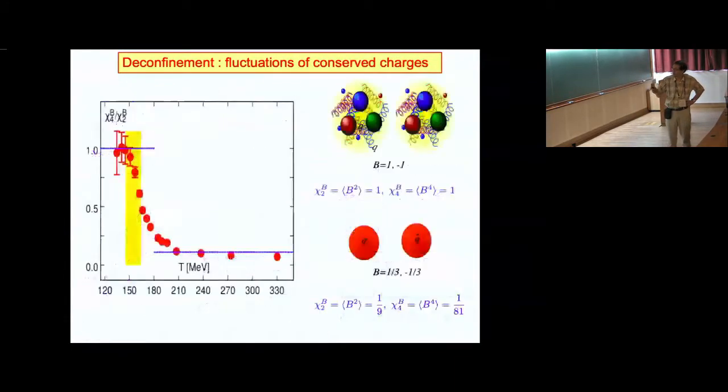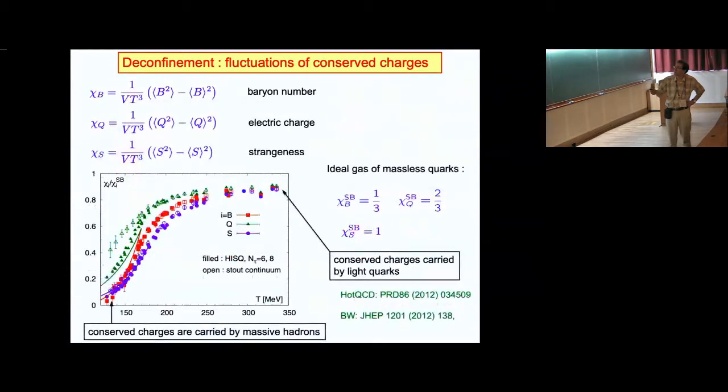So as an example, I show the baryon number fluctuations, so second order coefficient, electric charge, strangeness, now as function of the temperature. And all these quantities, of course, I could calculate in ideal quark gas, which here it just becomes some number.